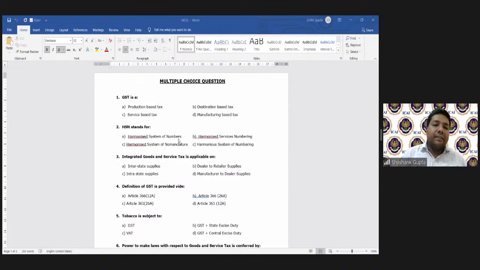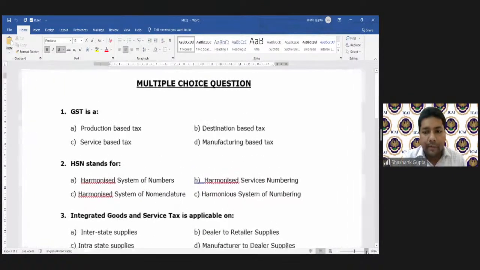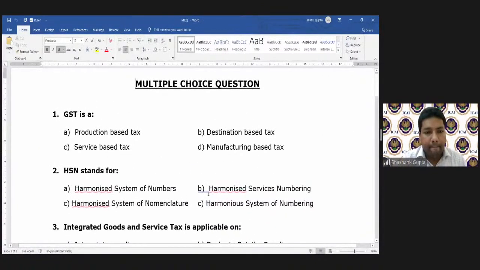So quickly, first question, GST, goods and services tax is... and this is where I get to play KBC with you, except you don't become a crorepati unless you become a chartered accountant.